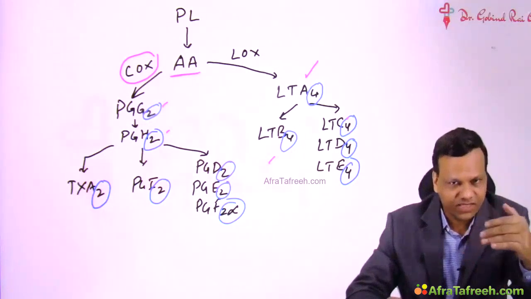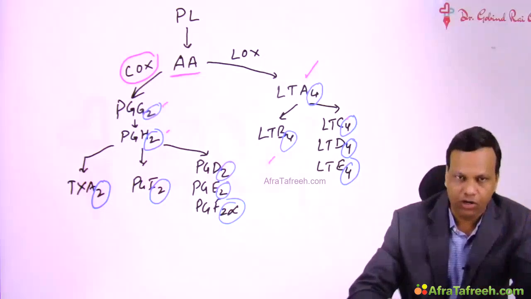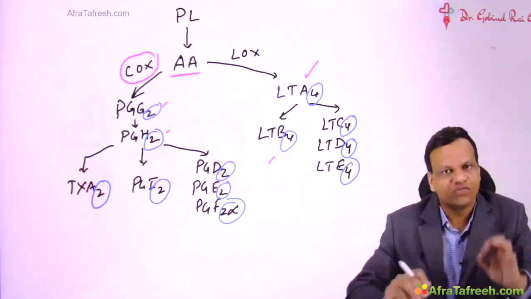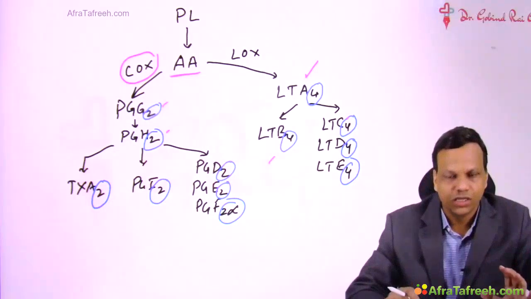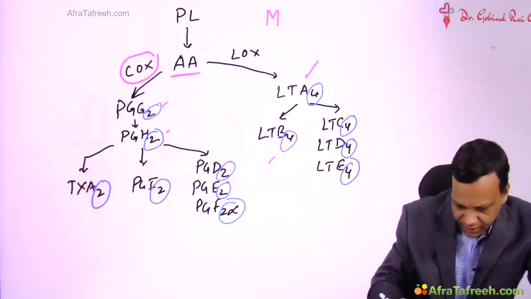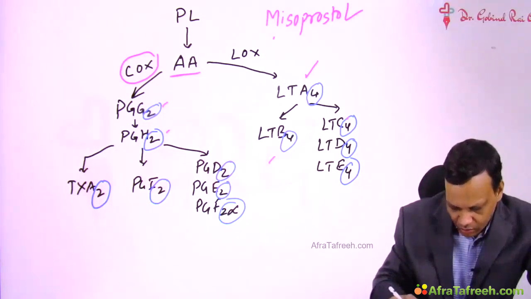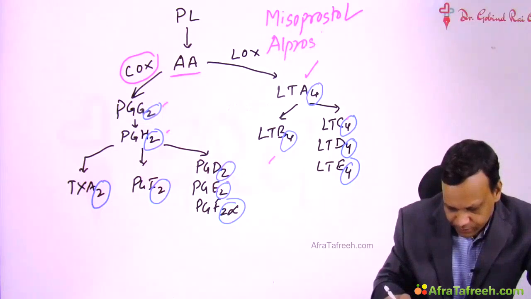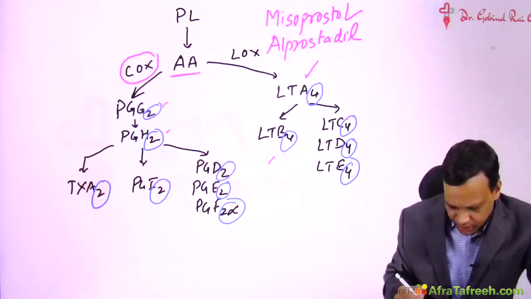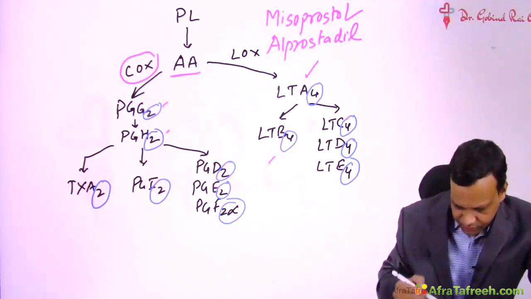But when we synthesize these compounds in the laboratory, we can make a compound with 1 double bond also. Particularly we have a drug like misoprostol, and another drug called alprostadil. They are actually prostaglandin E1.